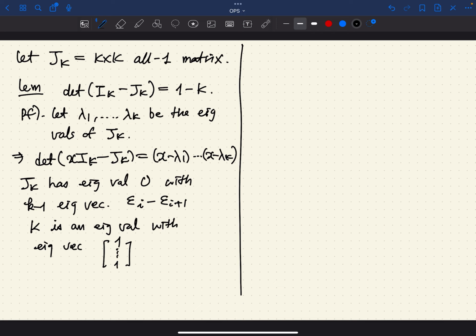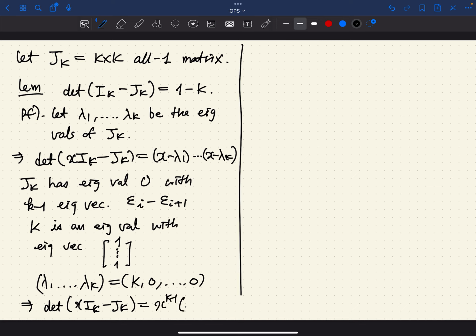That means lambda 1 through lambda k, if we write the largest first, is like this. That means the characteristic polynomial is x to the power k minus 1 zeros, times x minus k, like that. Now just substitute x equals 1, then you get this one. Quite simple.